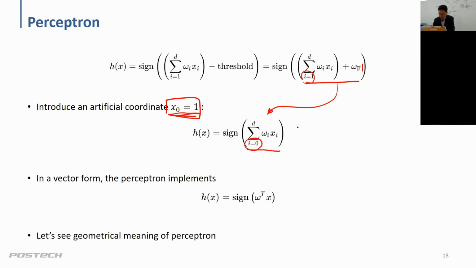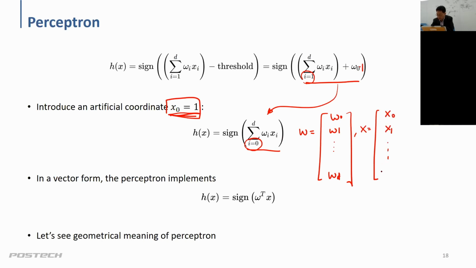So in that case, omega vector is, and x is, let me, maybe x naught, x1, xd. So it's another column vector.